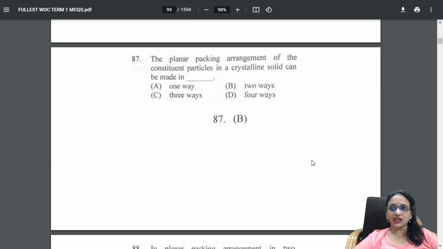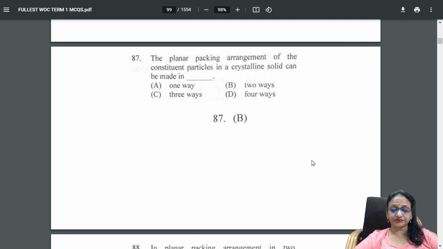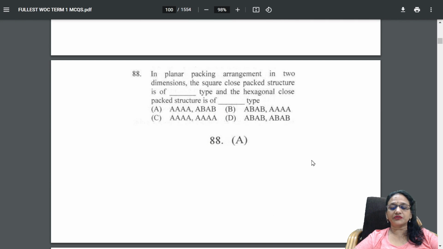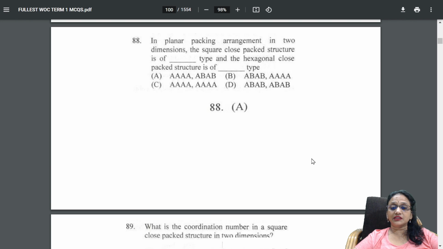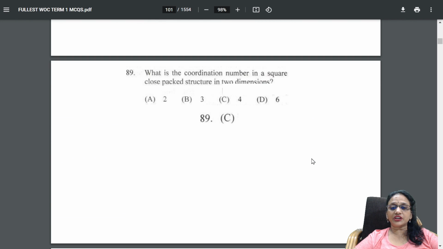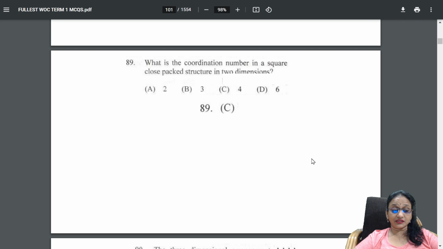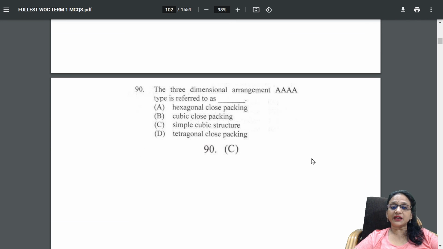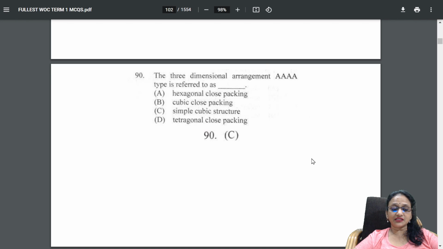Slowly from the planar packing, we'll come to the 2D packing. One more question, and this is further packing questions: one dimensional, two dimensional, three dimensional. Then the coordination number of the square close packing. This is one more. And 3D packing questions are also asked like this.